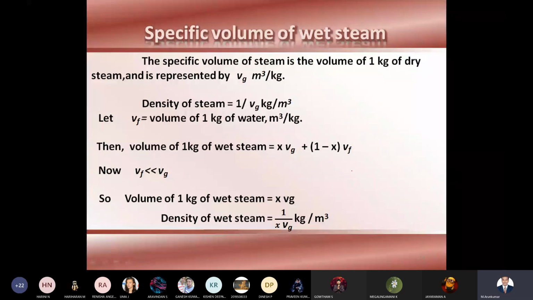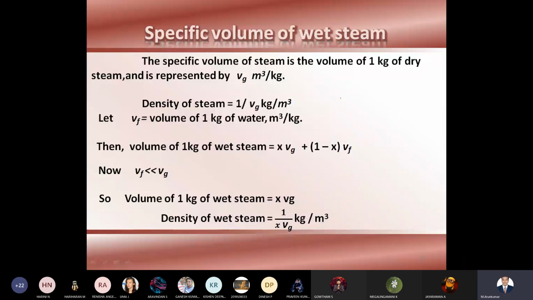Then the specific volume of dry steam, that you know as Vg. The specific volume of steam is the volume of 1 kg of dry steam, and it is represented by Vg in the unit meter cube per kg. Then the density of steam, that you know, density is equal to mass by volume, right?